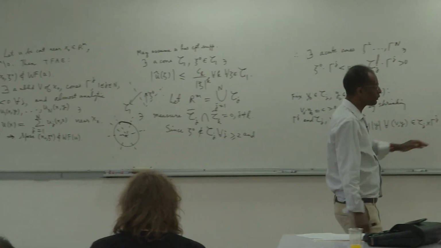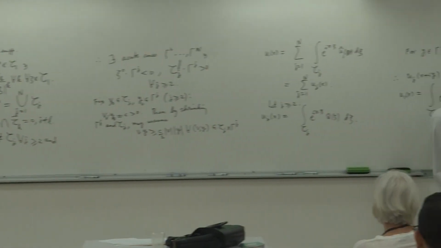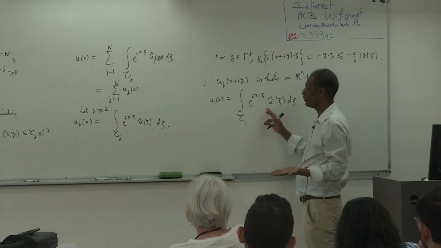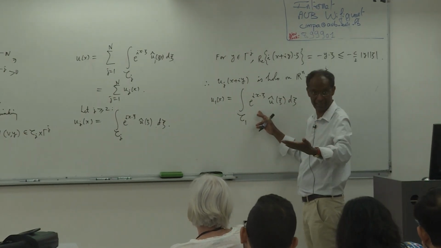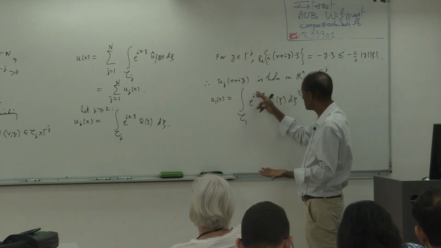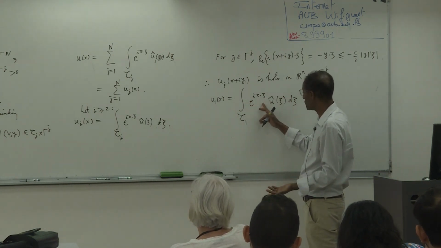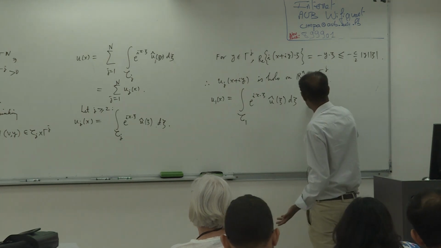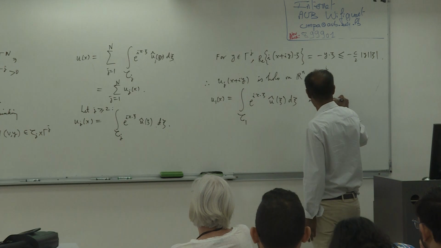So on the cone C_1, this decays rapidly. If it decays rapidly, then this is in fact a smooth function of x on all of R^n, right? You can differentiate under the integral sign. You get powers of c, but this is decaying rapidly, okay? So this is C infinity on R^n.